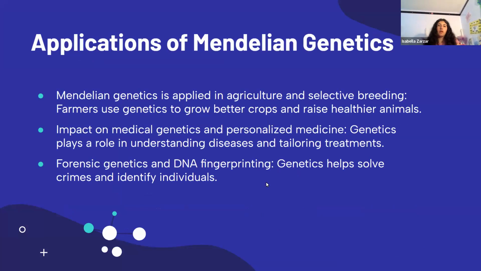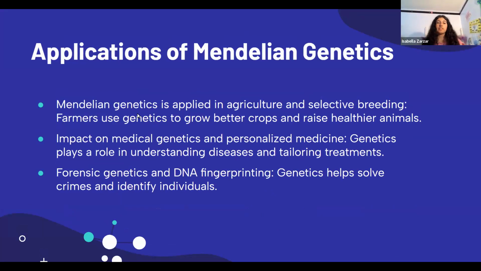Also, Mendelian genetics can be applied in forensics and DNA fingerprinting. That can help solve crimes and identify certain individuals. Oh yeah, Nicole said she doesn't know what cystic fibrosis is.